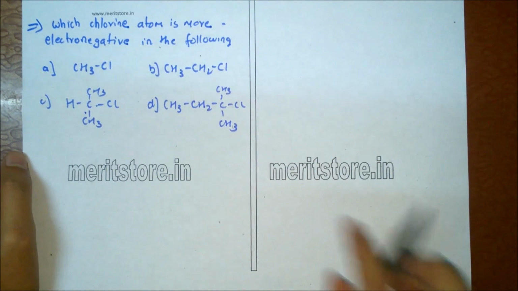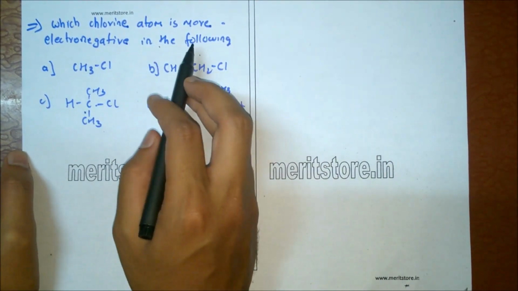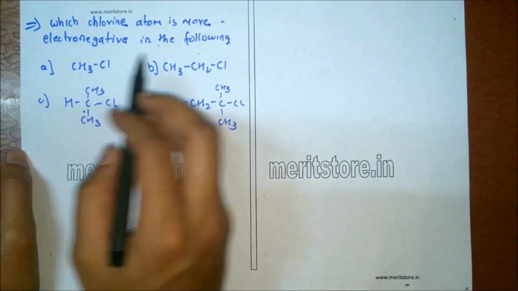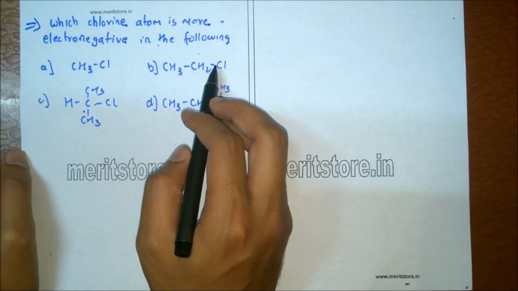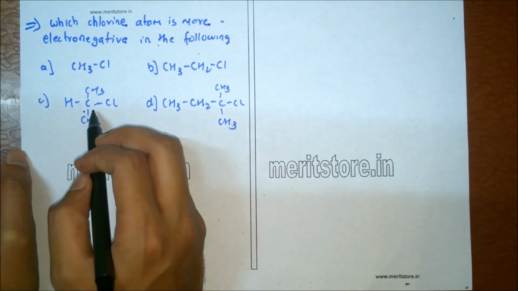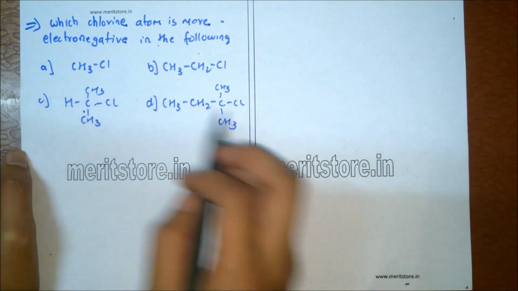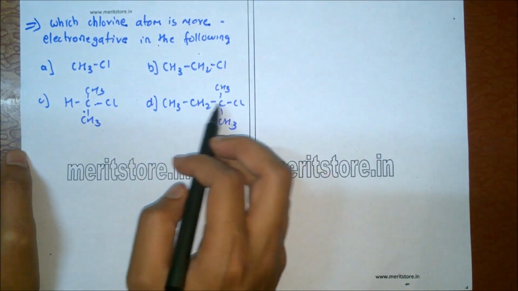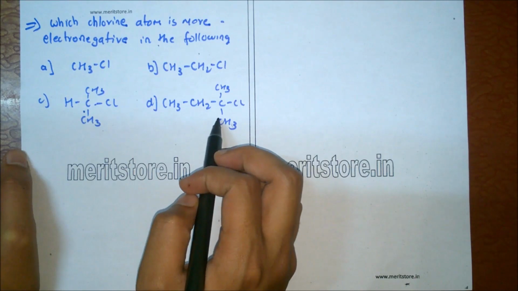In which of the following is the chlorine atom more electronegative? A. Methyl chloride, B. Ethyl chloride, C. A secondary chloride, that is propane 2 chloride, and D. A tertiary chloride.